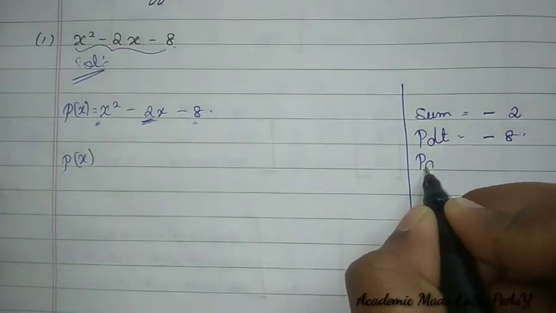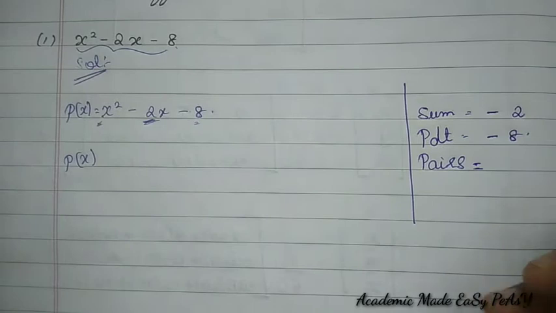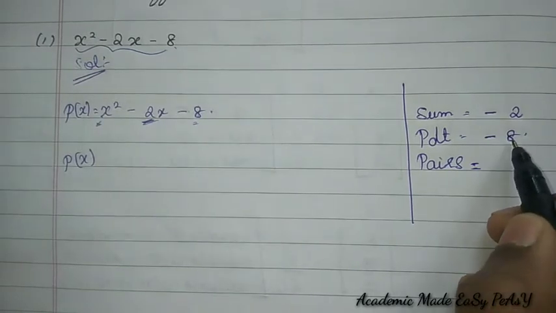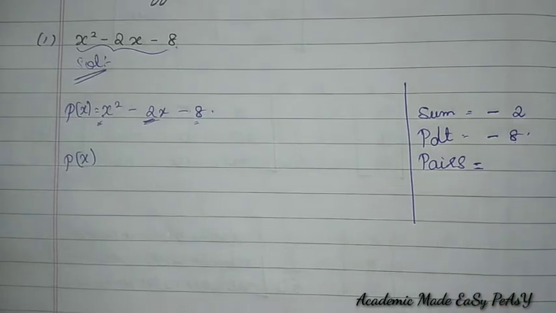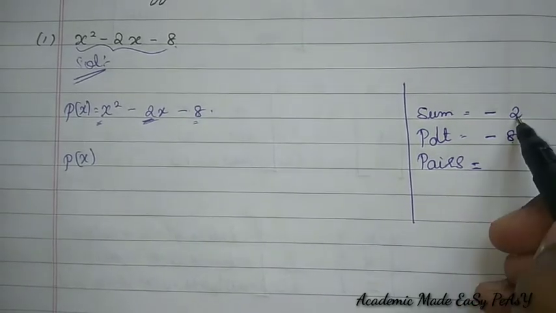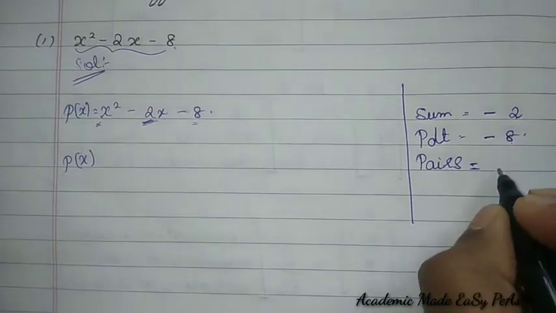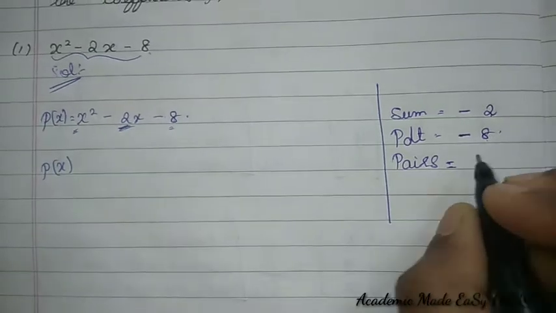Now I will be finding the pairs. If I multiply two numbers, I have to get minus 8, and if I add or subtract those two numbers, I have to get minus 2. So any one number should have a minus.